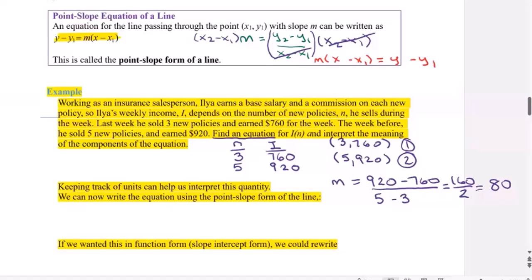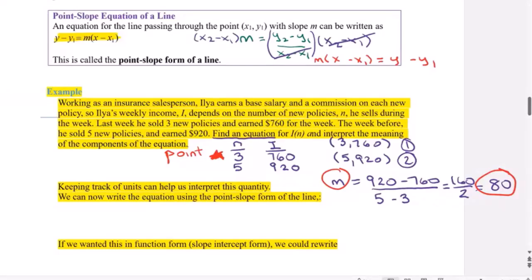Now, how am I going to use that? Well, I could go and find my y-intercept, but I don't really need to. I'm going to use this point slope equation because I have a point. It doesn't really matter which one you use. I'll use the first one because it doesn't matter. Okay, so I'm going to use the first one for my point. And I know my slope. My slope is equal to 80. I just plug it into my formula.